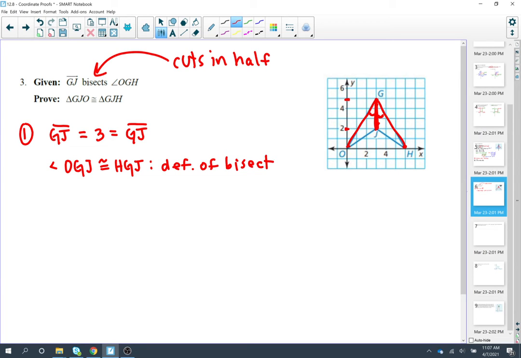In my given, they told me that this thing was bisected. Bisected means cut in half, so I know those have to be equal. So then the last thing we have to prove is that OG is congruent to GH. In order to do that, this is where the Pythagorean theorem is going to come back into play.